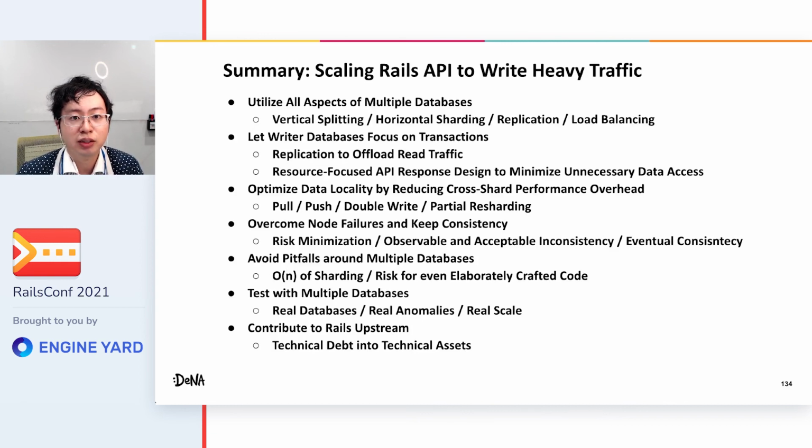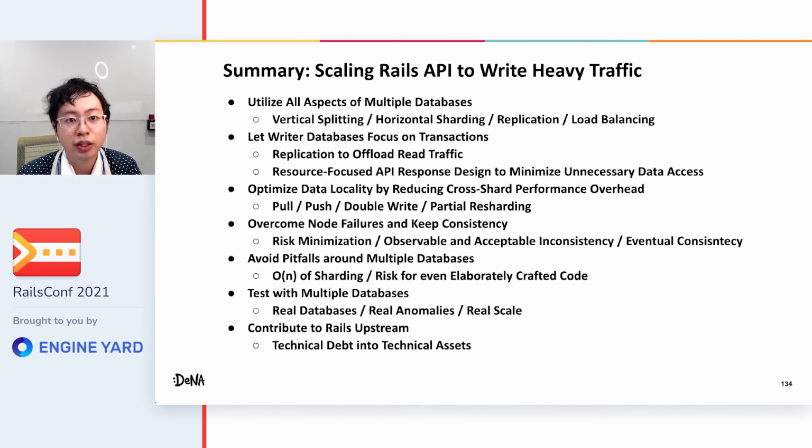Then we let writer databases focus on transactions. Replication can offload the read traffic, and resource-focused API response design can minimize unnecessary data access to the writer. Next, we optimize data locality to reduce the cross-shard performance overhead. We have explored pull, push, double write, and partial resharding architectures.